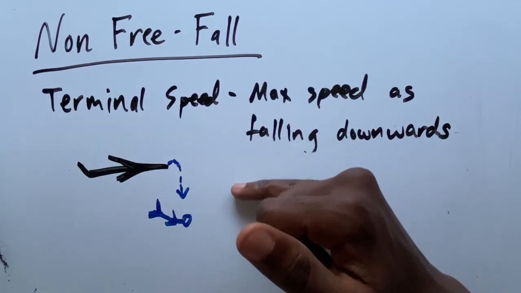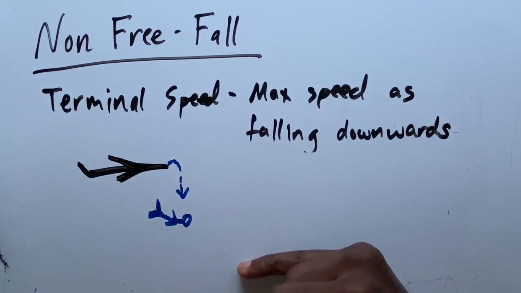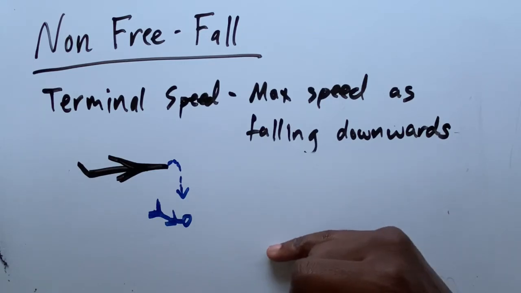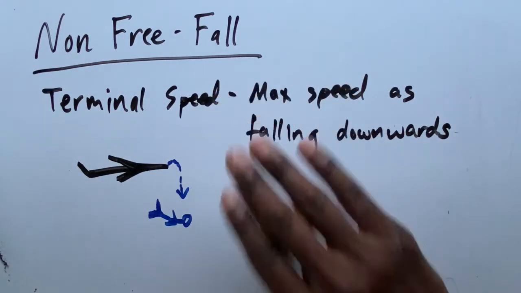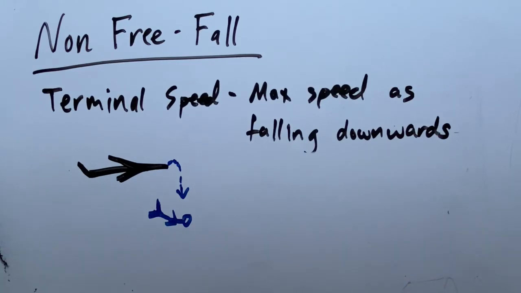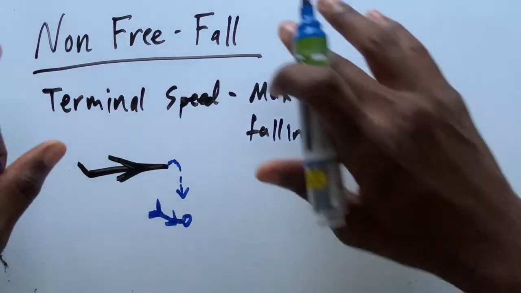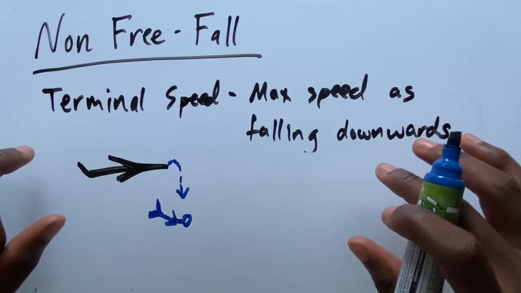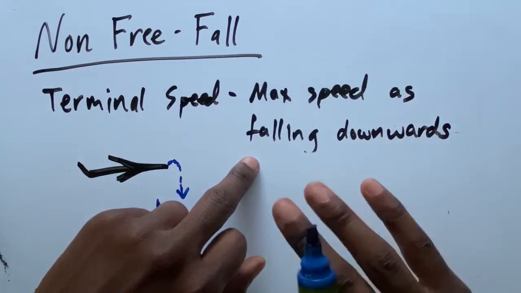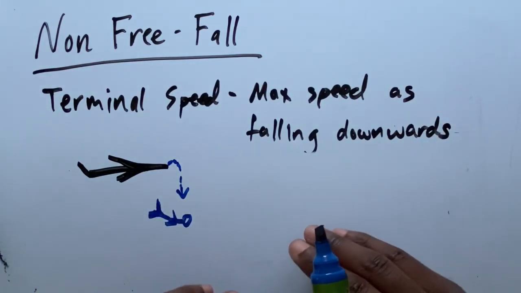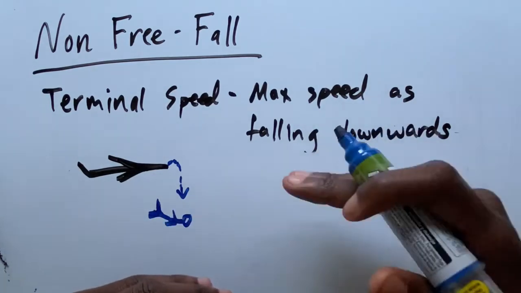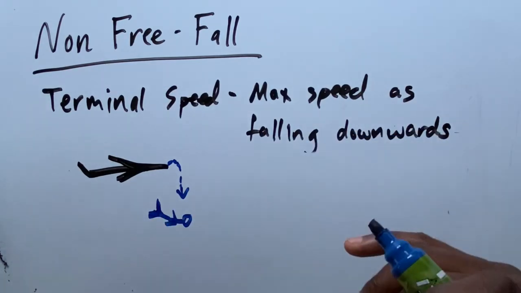So you're going to fall, speeding up until you reach your terminal speed, at which point you just fall with a constant velocity. So for a non-free fall scenario, we know there are outside forces acting on you, causing you to reach that terminal speed.